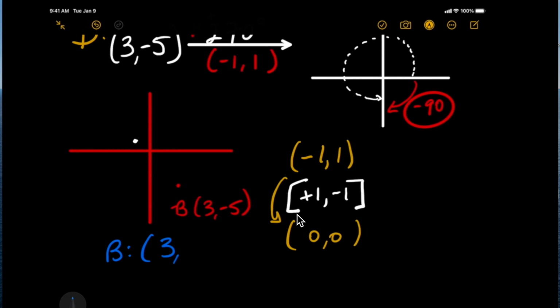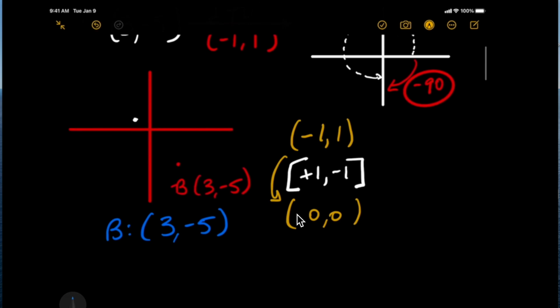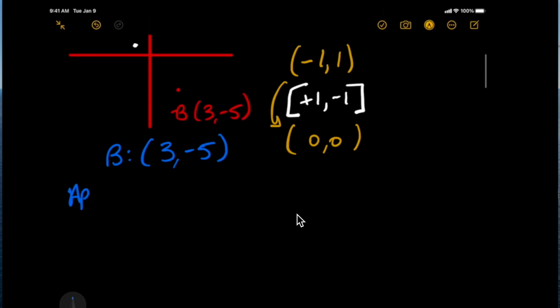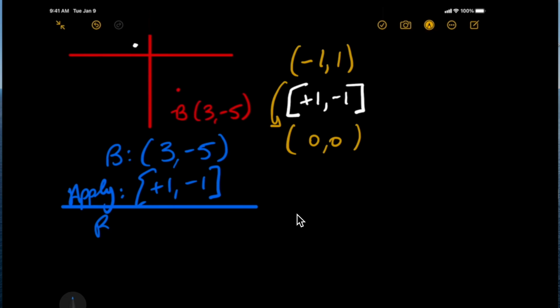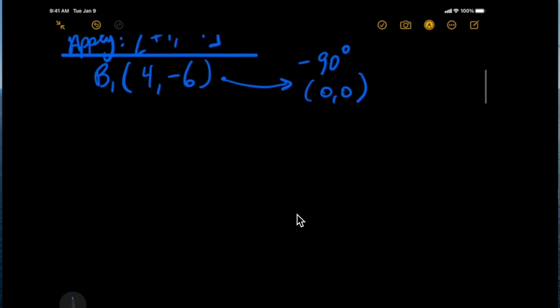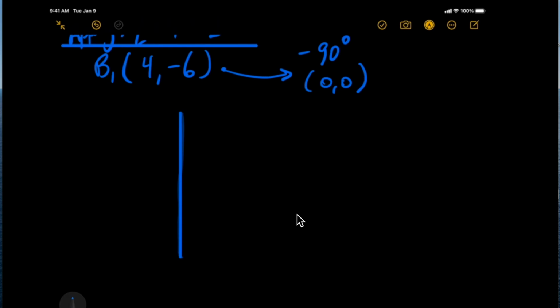So here's the original coordinates of point B. I'm going to apply what's in that white bracket above to point B, and I'm going to get a new point. I'm going to call it B sub 1, and that is going to be 3 plus 1 is 4, and -5 minus 1 is -6. Now, I'm going to take this through a -90-degree rotation about the origin. Okay, let's do that. Let's go ahead and graph it.